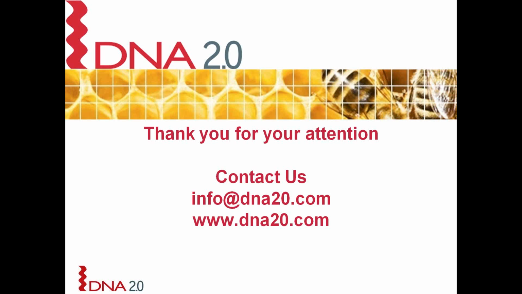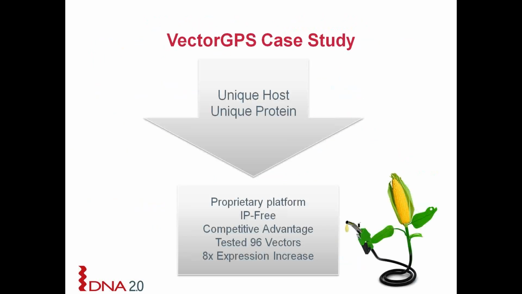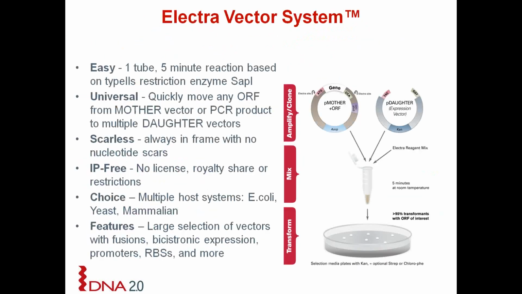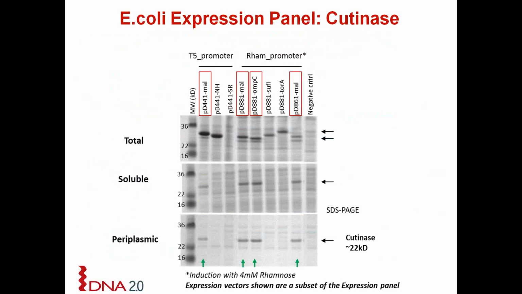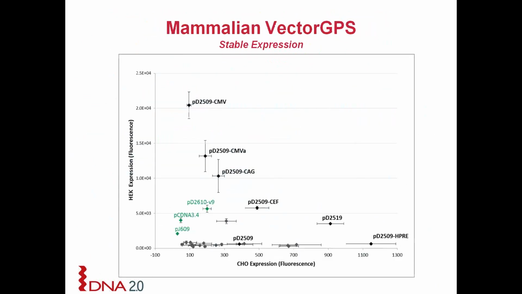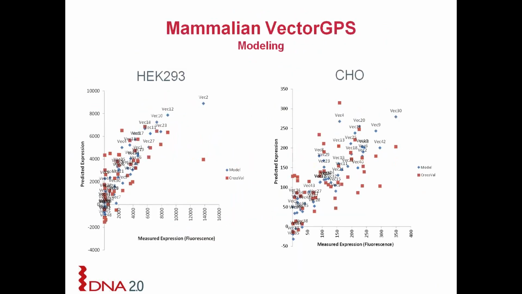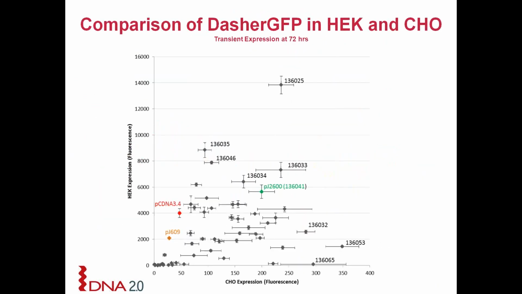So, Kate, one of the questions that came up more than once was, when looking at the mammalian data, why is there such a big difference between the RFUs when analyzing CHO versus HEK? You note on the graph that the X and Y axis have fairly different numbers. Yes, so as we know, HEK is better for transient expression.